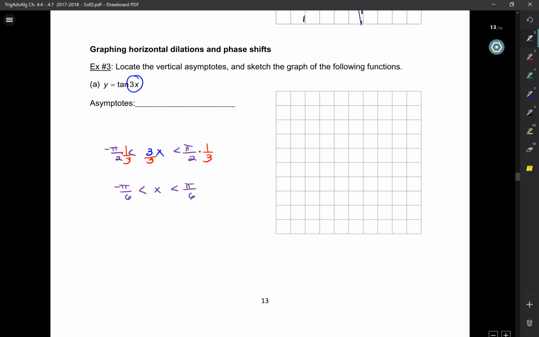Okay, now, you see how here on the top it asks for the asymptotes? The asymptotes are going to be the first and last points of this inequality. So we say x is negative pi over 6, x is positive pi over 6.